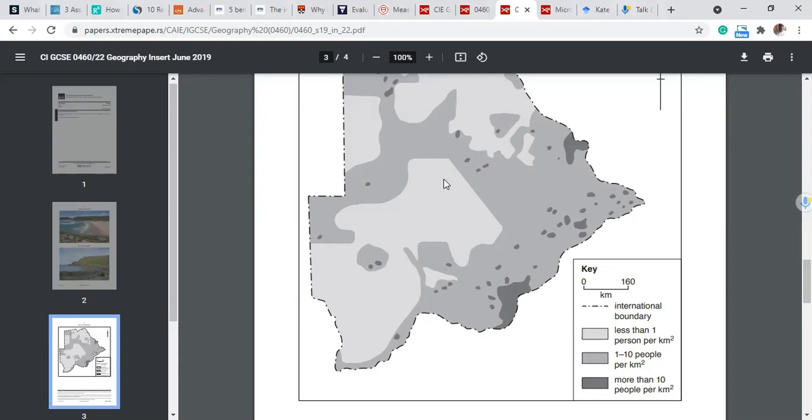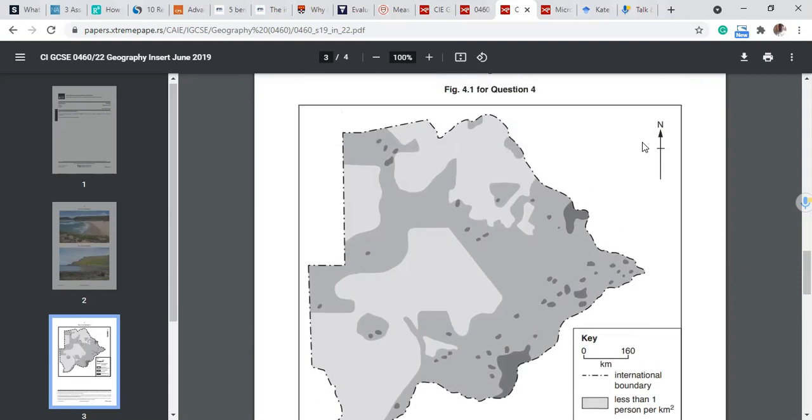So more than 500 kilometers in length is sparsely populated. Very few places are densely populated towards the southern and southeastern part. You have patches of densely populated places around there. So generally it's a sparsely populated area.